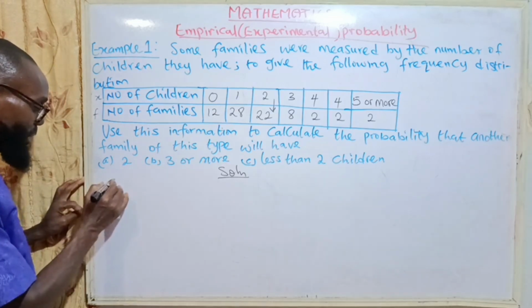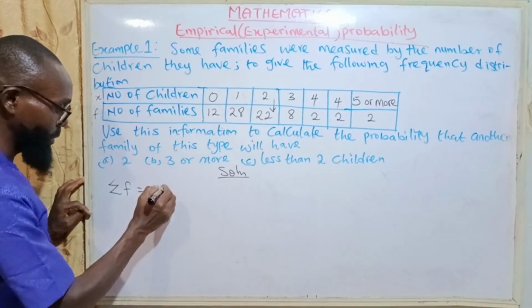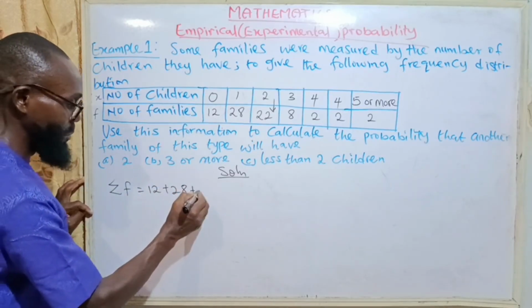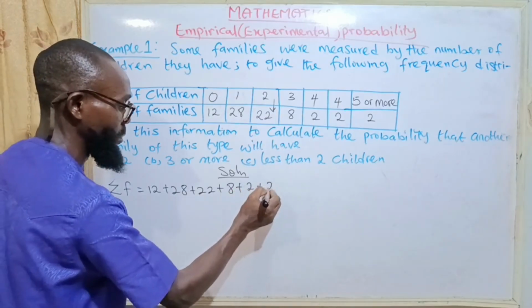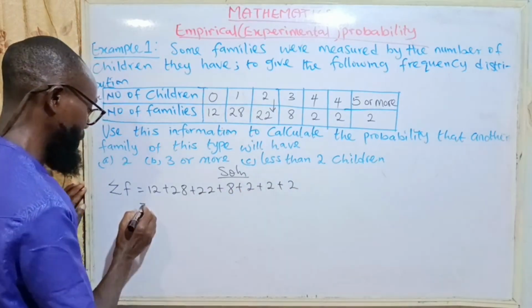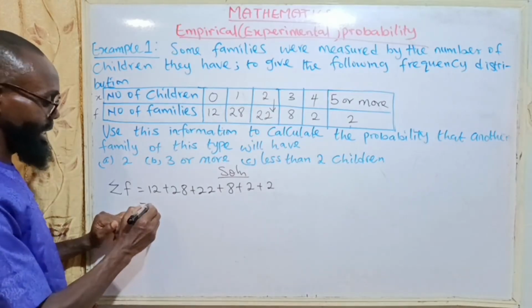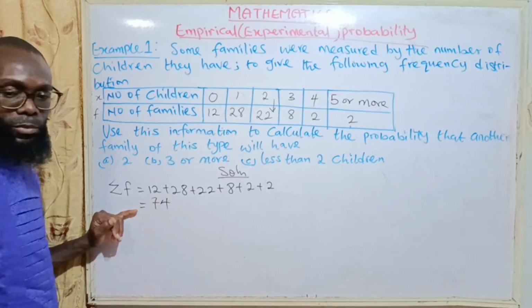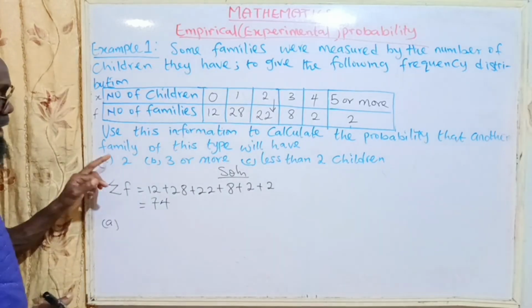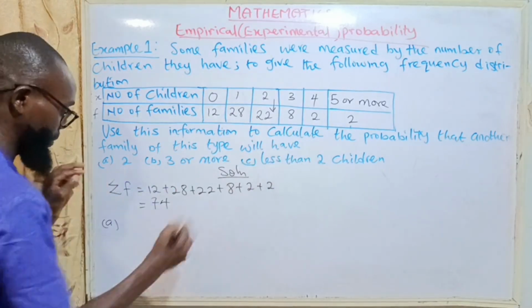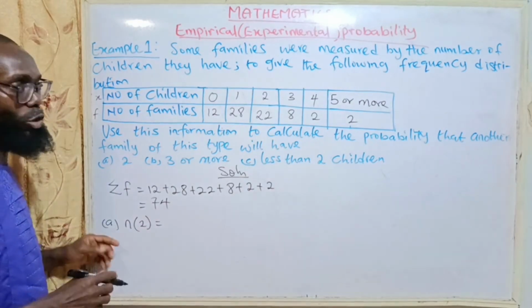So let me say summation of F, meaning 12 plus 28 plus 22 plus 8 plus 2 plus 2 plus 2. When you sum it up, the total frequency here gives 74. Now question A is to find the probability of 2 children. How many families with 2 children do we have?